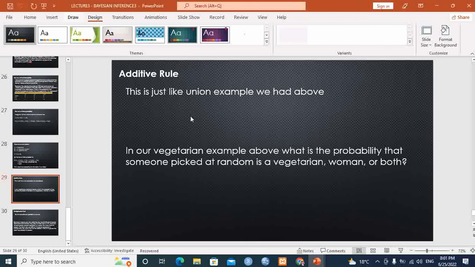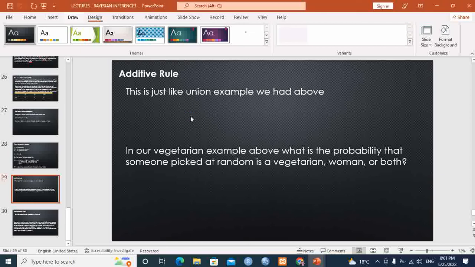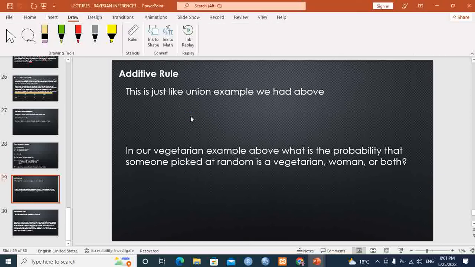We have looked at union of sets in different conditions: when the sets intersect, when the sets do not touch each other, and when one set is a subset of another. So it follows the same example that we were giving.